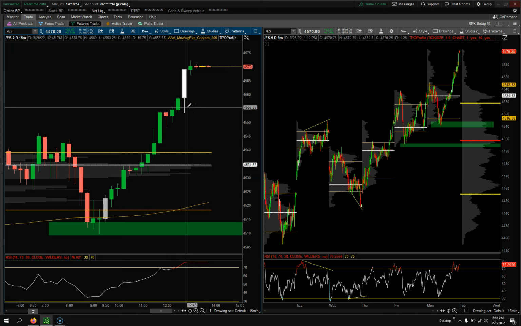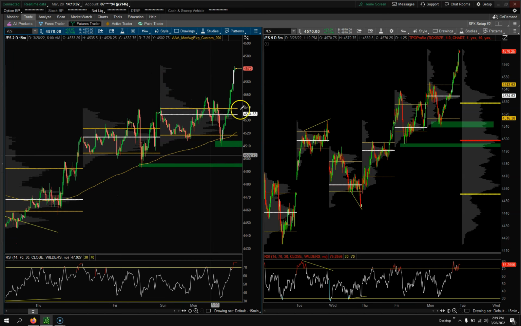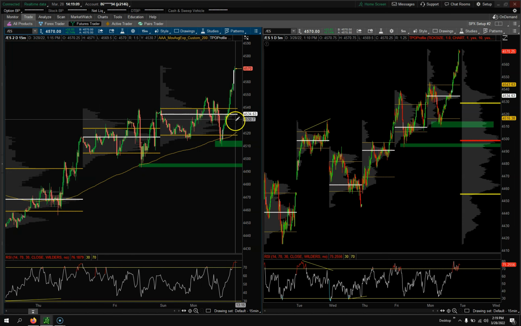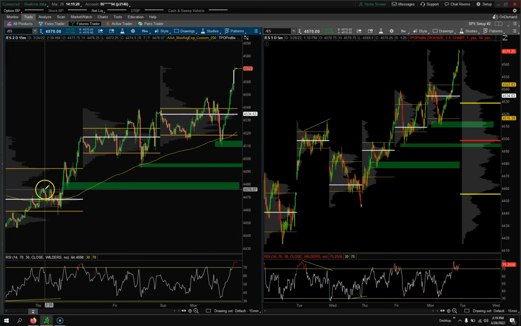One last thing: this 15-minute chart is really good for when we're falling, and you're looking for potential low volume nodes, something like right here. You can see there's a low volume node from this day. Also, it was the prior high of the breakout, the retest. So if we came back down here, I would not be surprised if price came right down to this level.